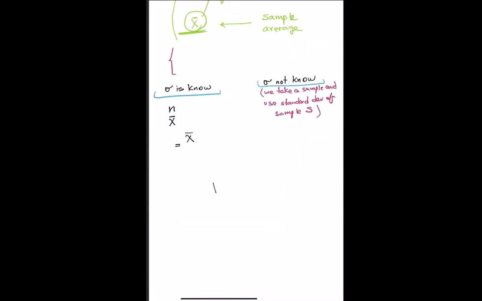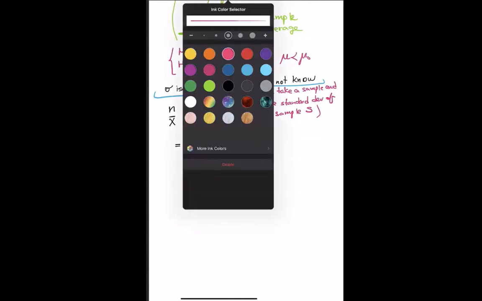This is the test that I want to do. My H null is mu equals something. My alternative is that mu is not equal to something, or mu is greater than something, or mu is less than something. So let's assume this is the hypothesis that I want to test. Tell me how you construct your test statistic.